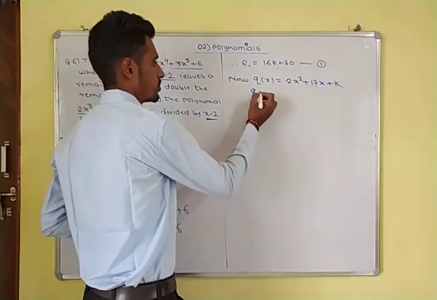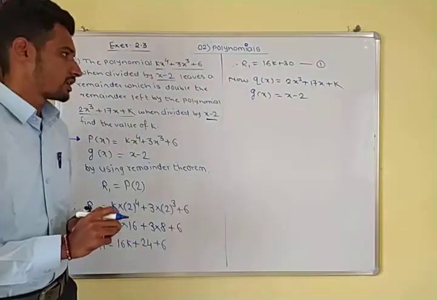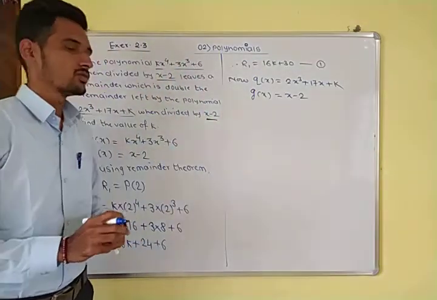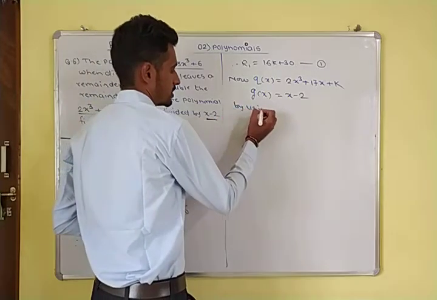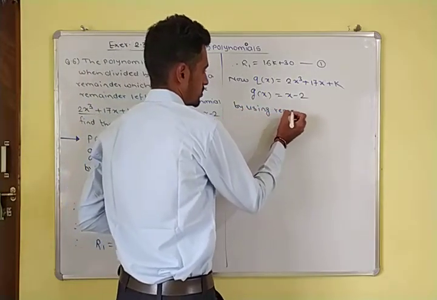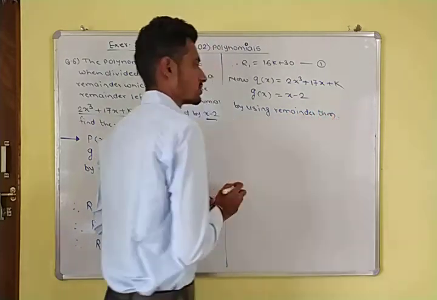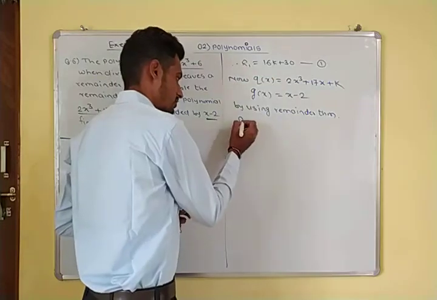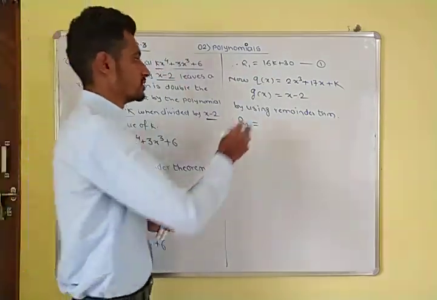The divisor is denoted by g of x, that's why g of x is equal to x minus 2. So by using remainder theorem, the remainder is r2, and r2 is equal to q of 2.